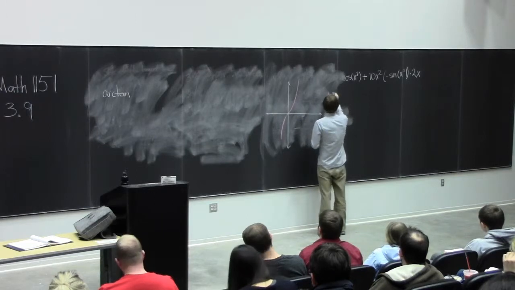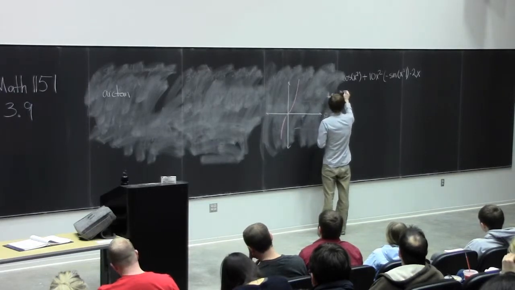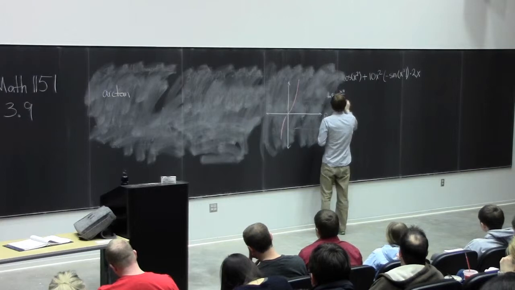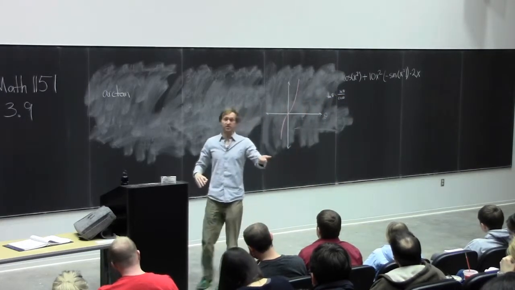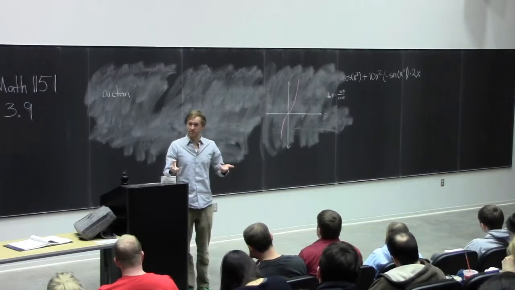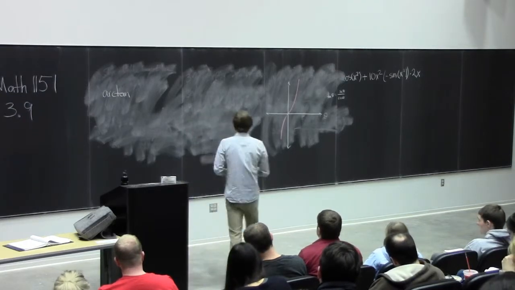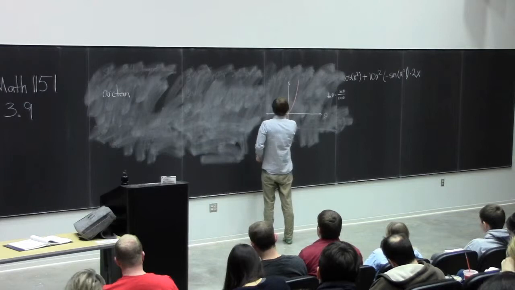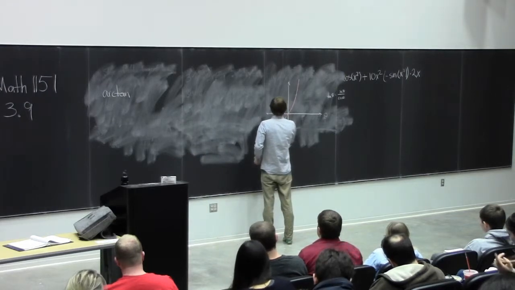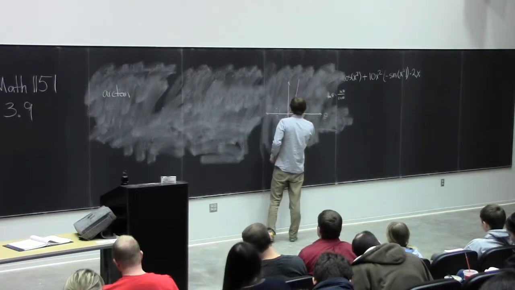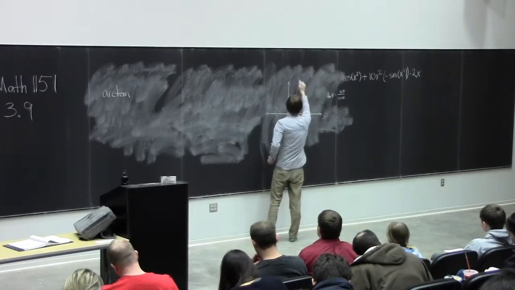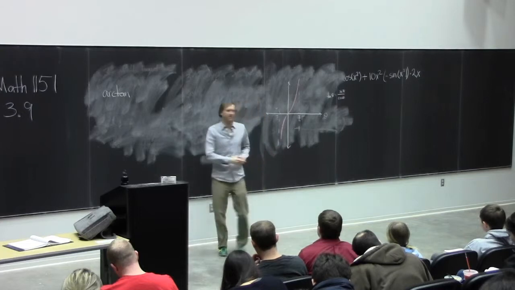Tangent of theta is equal to sine theta over cosine theta. And cosine theta is 1 at zero, and it's 0 at pi over 2. Cosine of theta is 0 at pi over 2 and negative pi over 2. So this is going to be minus pi over 2. It's an asymptote. And here is pi over 2. That's another asymptote. This should be going more straight up and down, but that's fine.